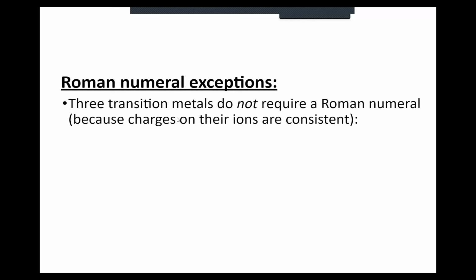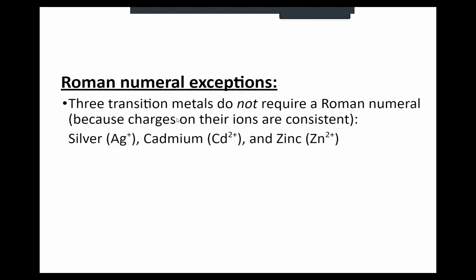And the size of the Roman numeral corresponds to the charge. Now, you don't know that charge necessarily until you see what it's combined with. I'll show you what I mean in just a moment. These 3 transition metals, or I should rather say elements in the transition metal block on the periodic table, do not require a Roman numeral because the charges on their ions are consistent.